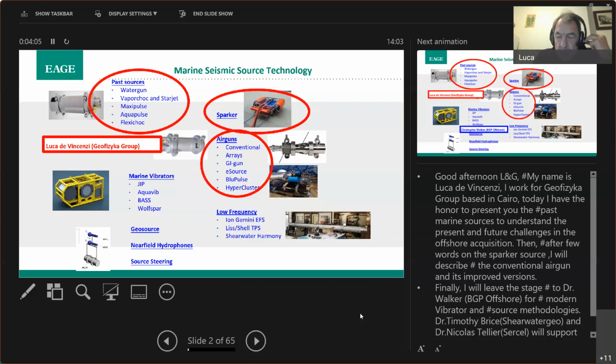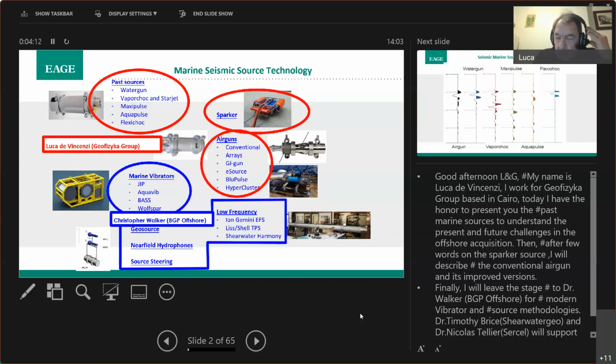Finally, I will leave the stage to Dr. Walker, BTP Offshore, for modern vibrator and source methodologies. Dr. Timothy Brice, Shearwater Geo, and Dr. Nicolas Tellier, Sercel, will support us in this presentation.